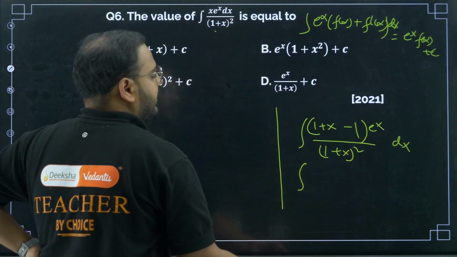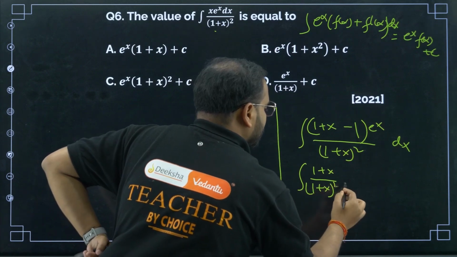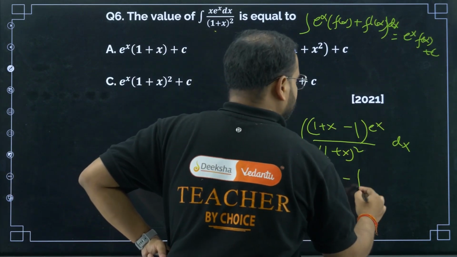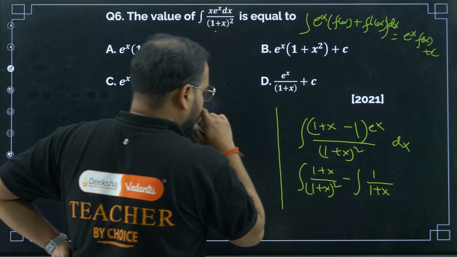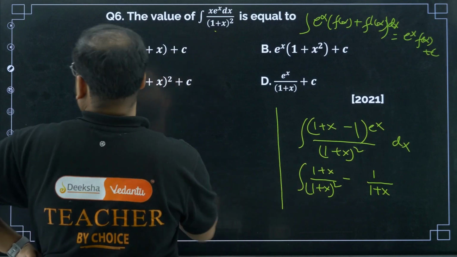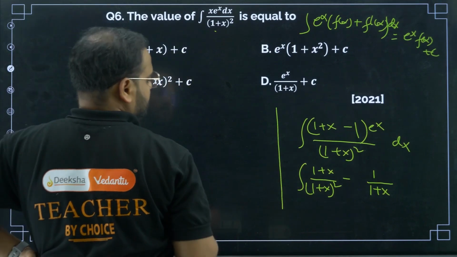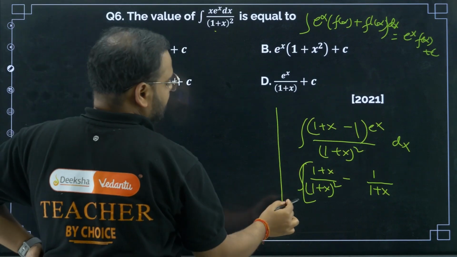Integral of 1 plus x upon 1 plus x the whole square minus integral of 1 upon 1 plus x. I don't have to separate the integration, because I'm looking to get that form. Just give me 1 second, I'll write in that particular form.